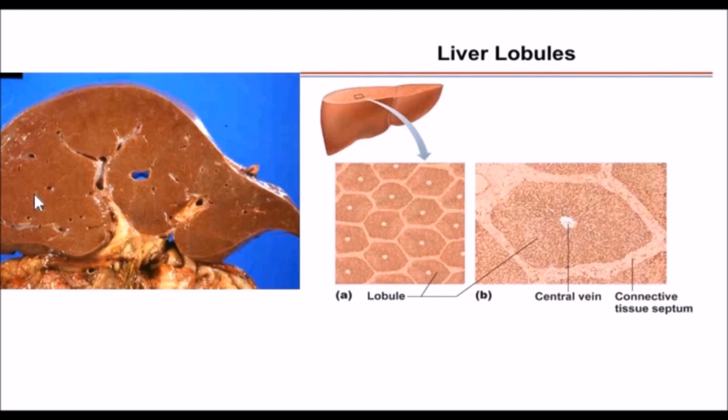So we have understood that when we cut the liver, the liver is made up of liver lobules, which can be seen under the microscope, and these liver lobules are hexagonal in shape, and the liver lobules are separated from each other by this connective tissue.